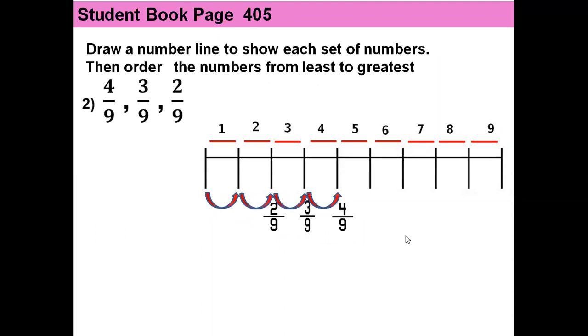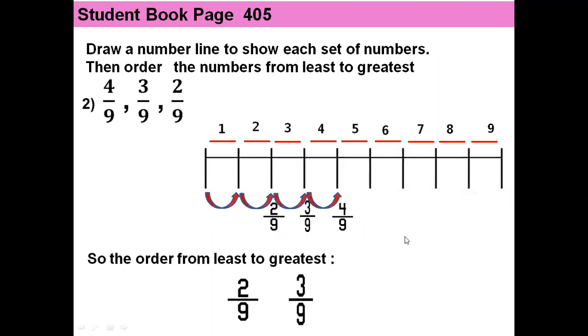What about the next? 2 out of 9, then 3 out of 9, and 4 out of 9 is the greatest one. Whenever we go to the left, the numbers are getting smaller on a number line. Great job, Kinan.